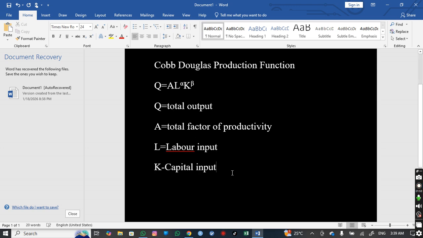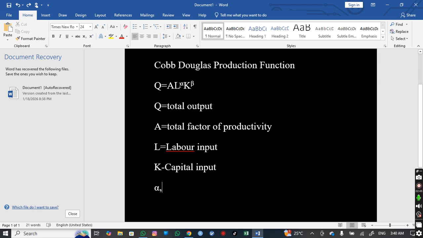Then we have beta. We need to know alpha and beta. So what do they mean, alpha and beta? If you have alpha and you also have beta, we call them output elasticity.